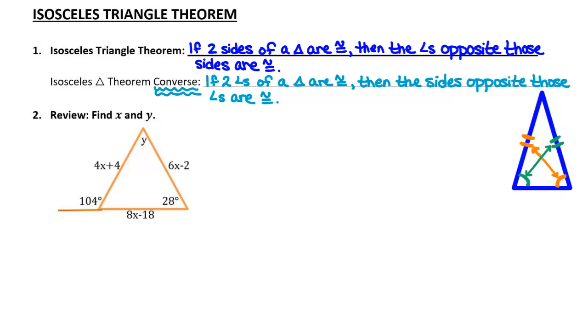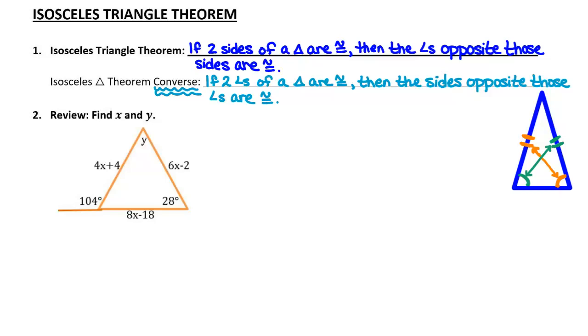We talked about our isosceles triangle theorem and the isosceles triangle theorem converse. And I want to make sure that I'm really clear about this because there's been a little bit of confusion throughout the day. So my isosceles triangle theorem tells me that if I have a triangle where two of my sides are congruent, then the angles opposite those sides are congruent. Now, when I say that the angles opposite those sides are congruent, I mean these angles are congruent to each other.